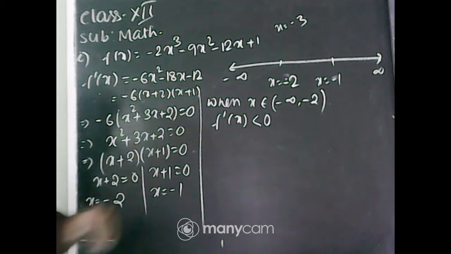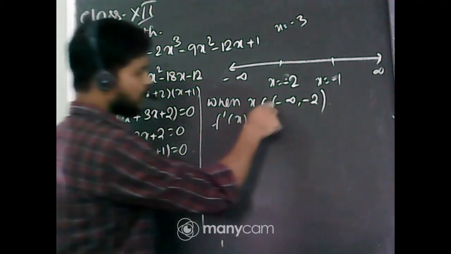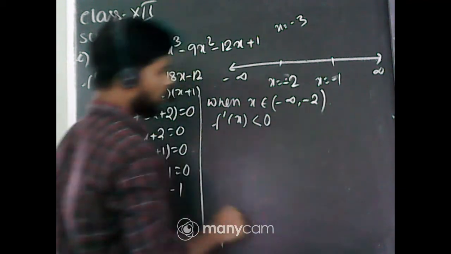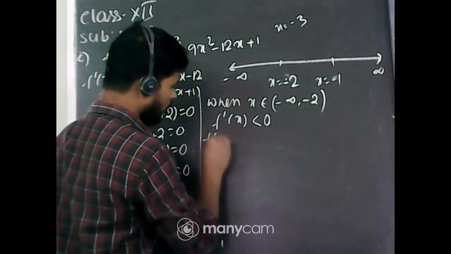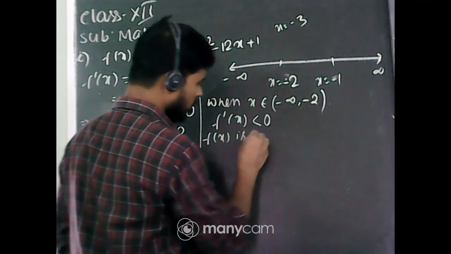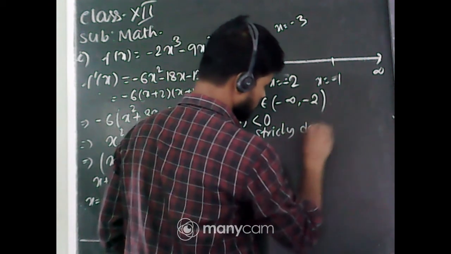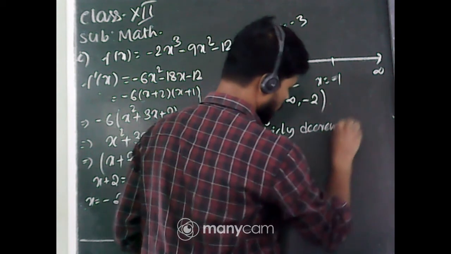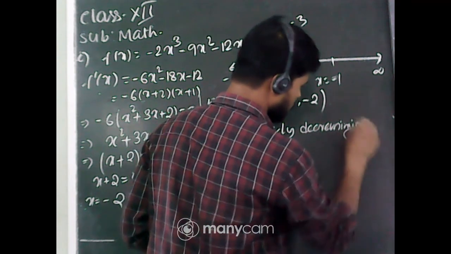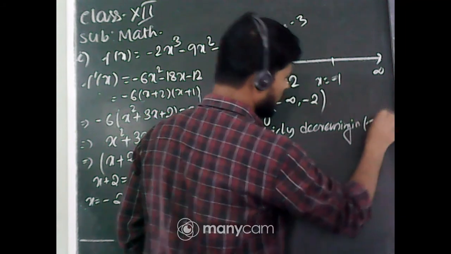So the function is strictly decreasing in the interval minus infinity to minus 2. Therefore f of x is strictly decreasing in minus infinity to minus 2.